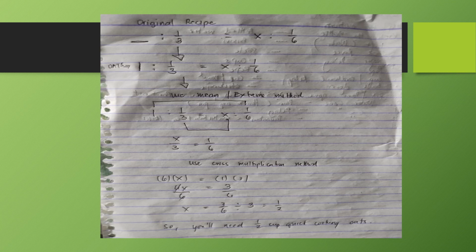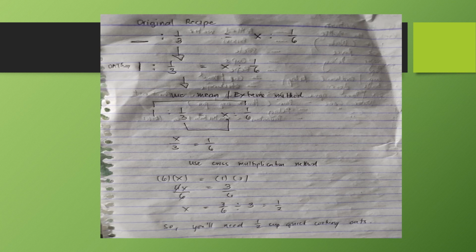So again, para ma-eliminate natin yung value doon kay x, we need to divide it by 6. So both sides, so matitira is x is equal to 3 over 6. We need to simplify 3 over 6. So again, hanapin natin ang greatest common factor of 3 and 6, which is equivalent to 3.